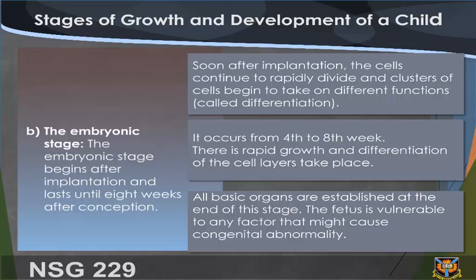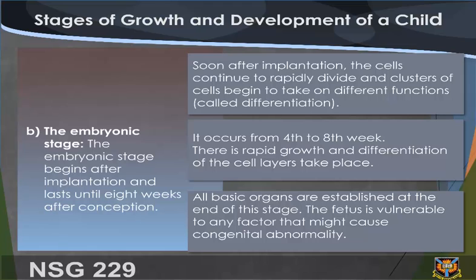B. The embryonic stage. The embryonic stage begins after implantation and lasts until 8 weeks after conception. Soon after implantation, the cells continue to rapidly divide and clusters of cells begin to take on different functions, called differentiation. It occurs from the 4th to 8th week. There is rapid growth and differentiation of the cell layers.